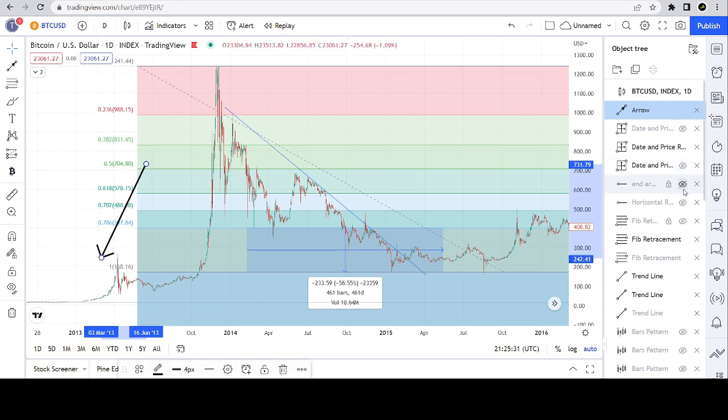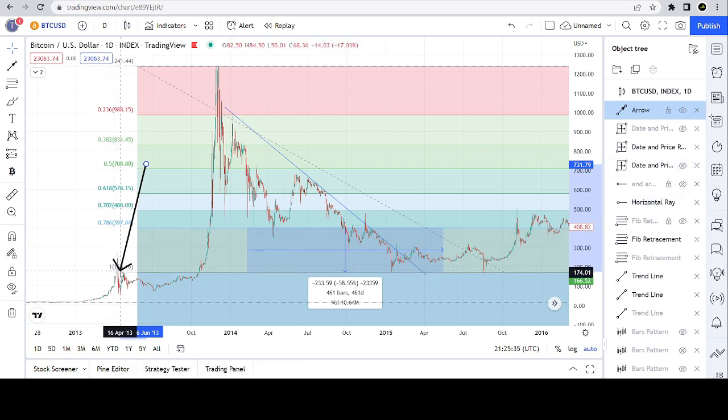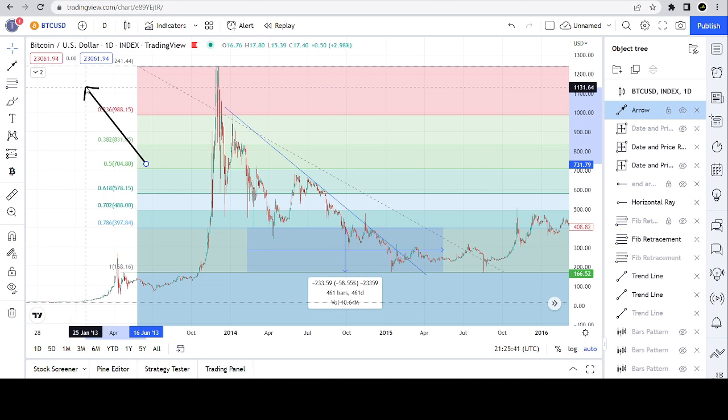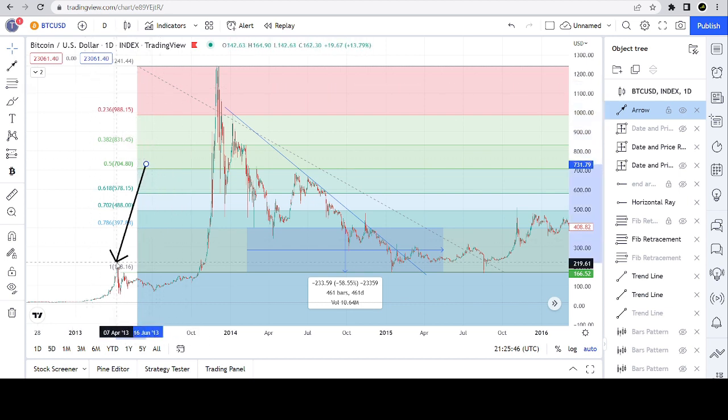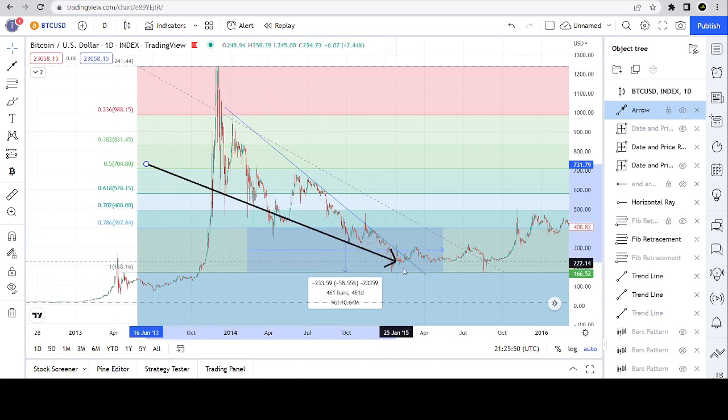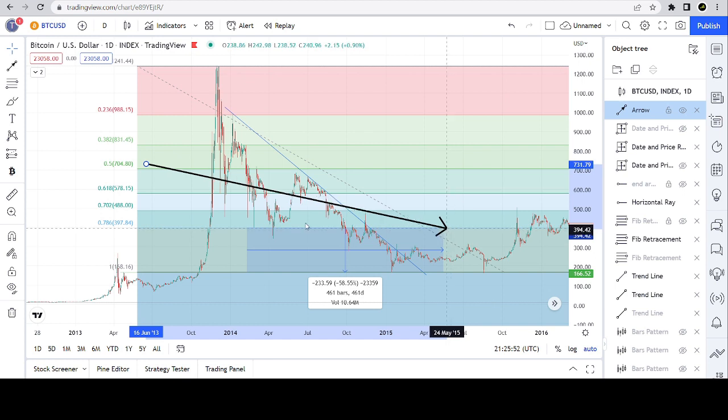If you put a trend line right here at the top of this first retracement, and it doesn't show this on all charts, but if I'm using the Bitcoin US dollar index by TradingView, it shows it on this one. On other ones, this dip is not the same.